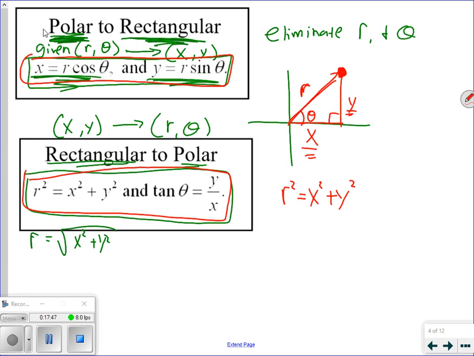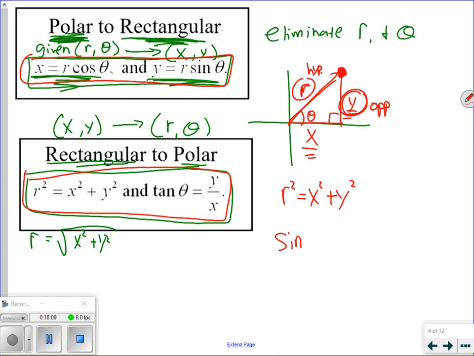Also, I'll give you another example. We know that y, in terms of theta, would be the opposite, and r would be the hypotenuse. Hypotenuse and opposite, that would be sine.